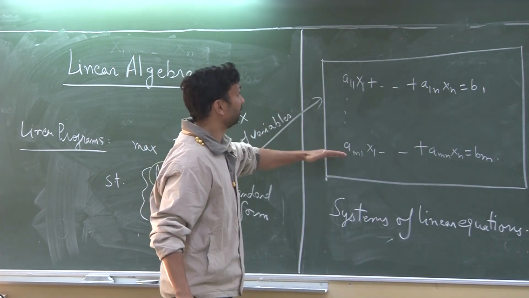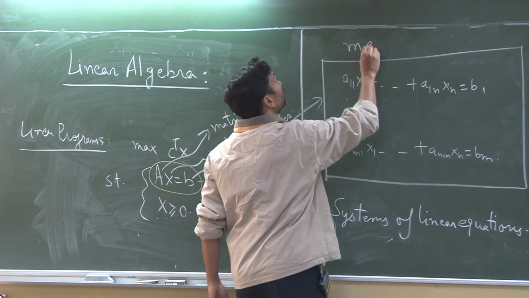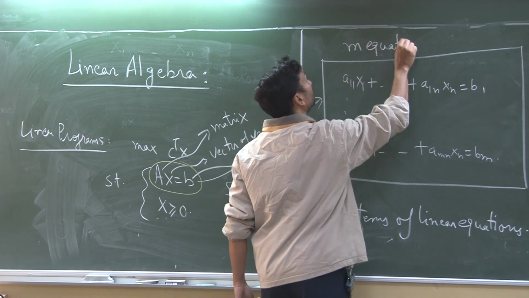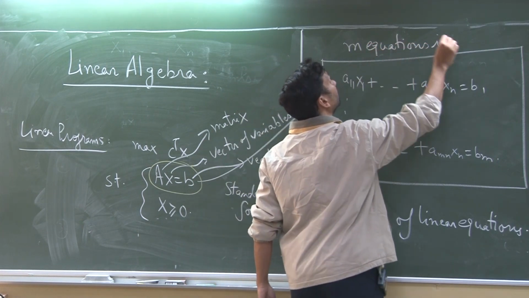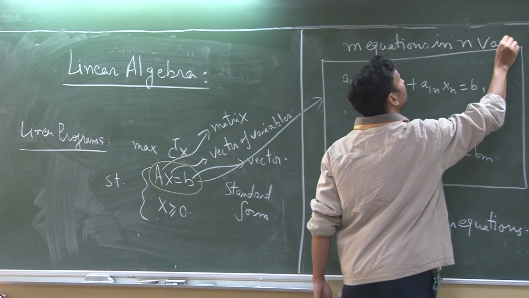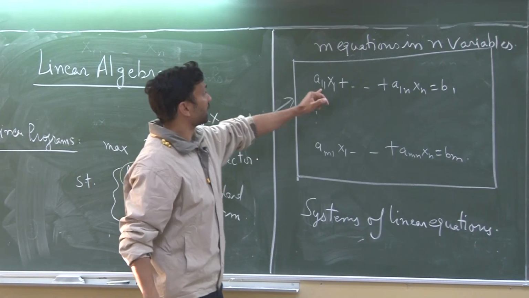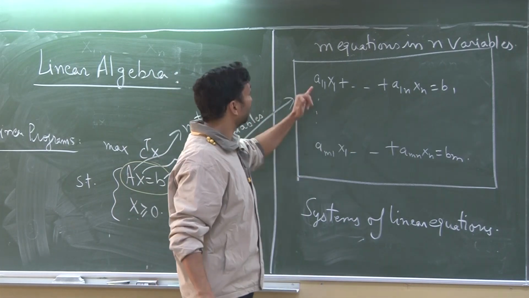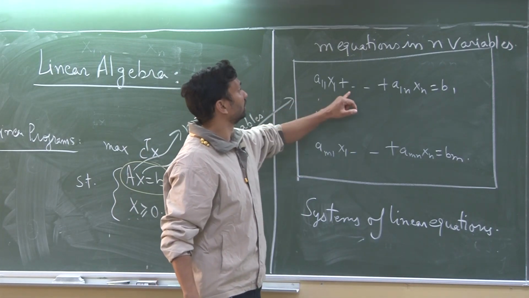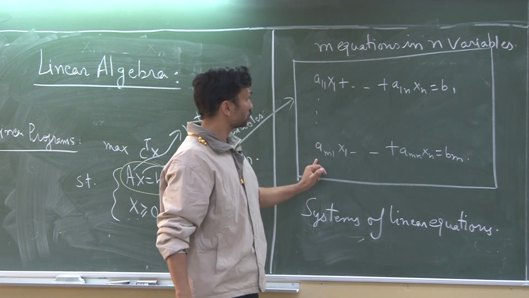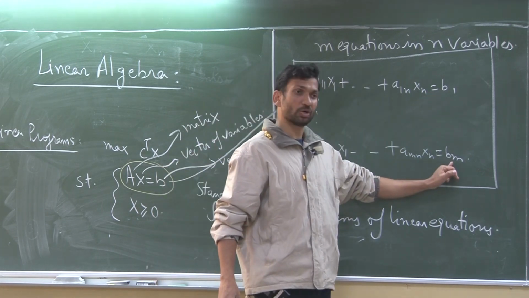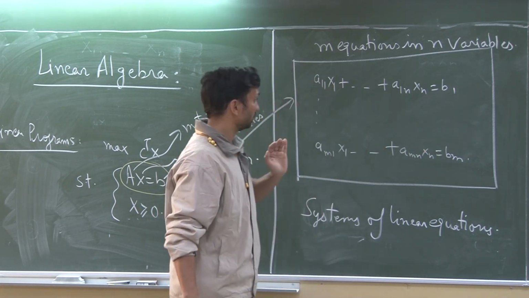That means I have m equations in n variables. My variables are x1 up to xn, my coefficients are a11, a12, a1n, and so on, and b1 to bm are constants on the right hand side.